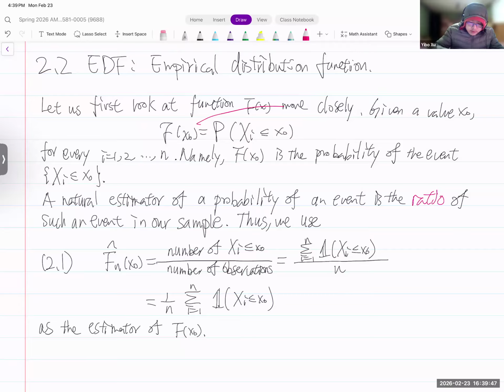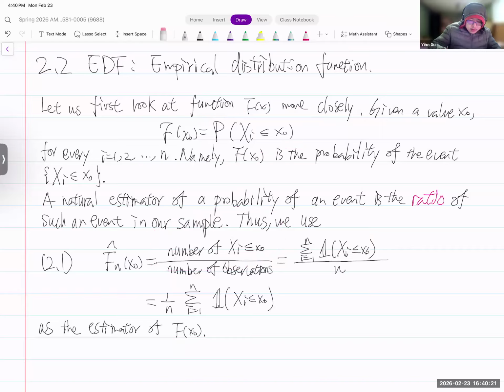This is the probability of the sample being less than or equal to x0. You can approximate it by the empirical ratio of how many samples are at most x0, divided by the total number of observations.